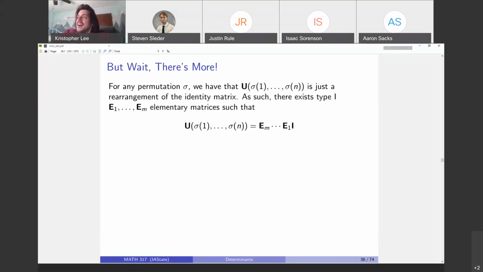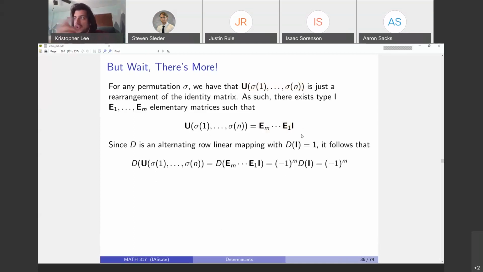Anyway. All of these matrices here are just a scrambling of the identity, which means I can write each as a product of type 1 elementary matrices. Since we are an alternating row linear mapping, we send the identity to 1, and all of these are type 1, so all they do is introduce a negative 1, alternating the sign, plus or minus.